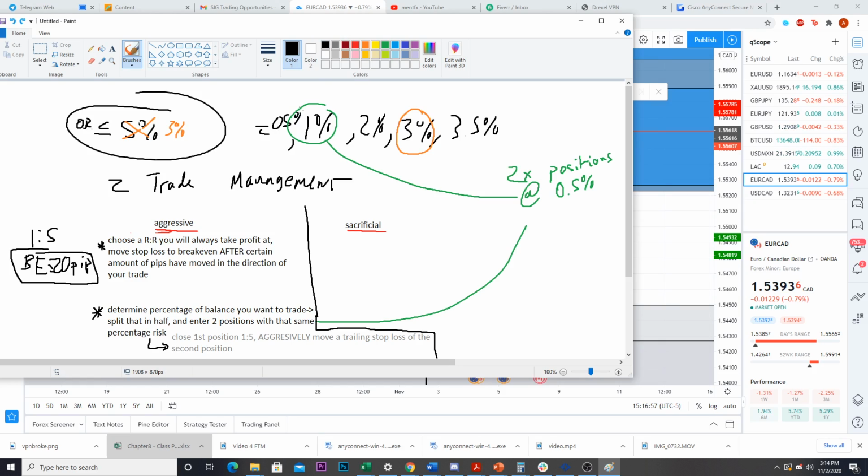Now, what's interesting is we can expand this into 3 or 4 or even 5 different ways of trading. So instead of going 50-50, right, you could start going 70-30, right? If you're more of a scalper and you start noticing that your trades ultimately always kind of reverse once they hit 1 to 5, 1 to 3, 1 to 2, whatever it might be, then what you could do is you can take 70% of profits off at that first take profit and let 30% run, because there's a chance that this 30% can become worth more than 70% or like 150% of your trade, right?